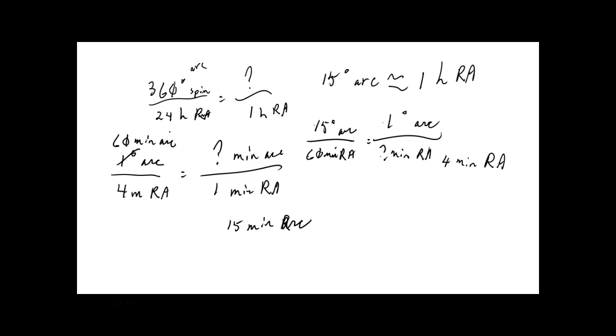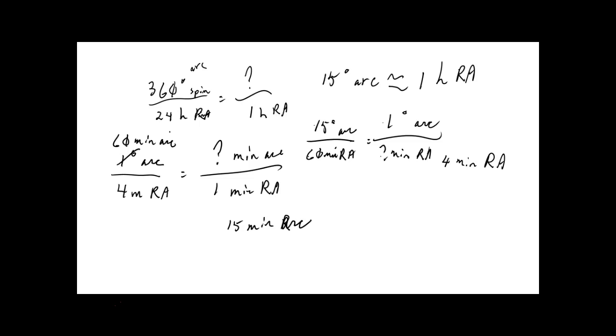Number 4, where do we begin? Right ascension. And where do we begin the right ascension? The ecliptic and the celestial equator. The celestial equator crosses the ecliptic twice a year. Which one do we use?